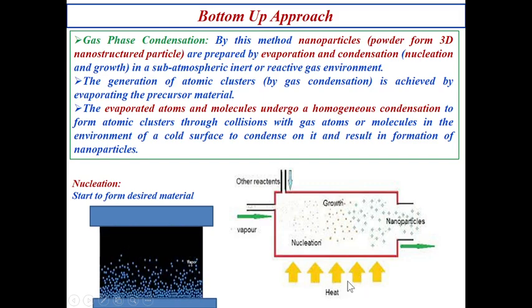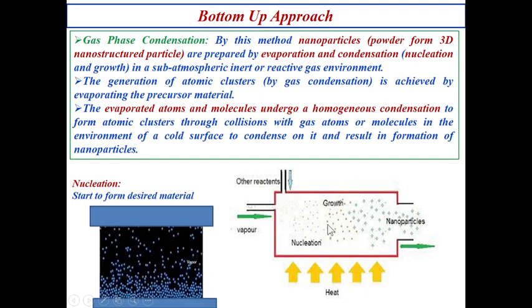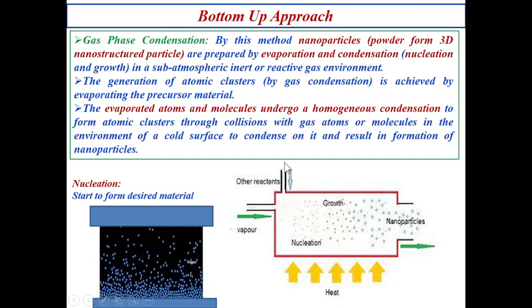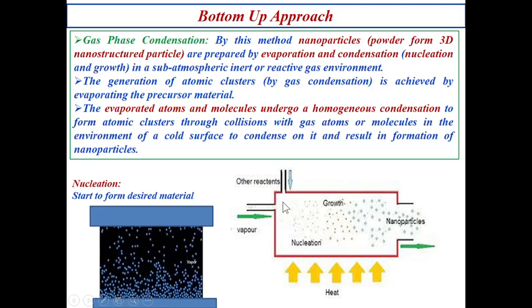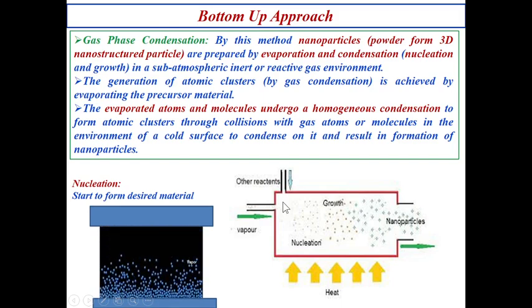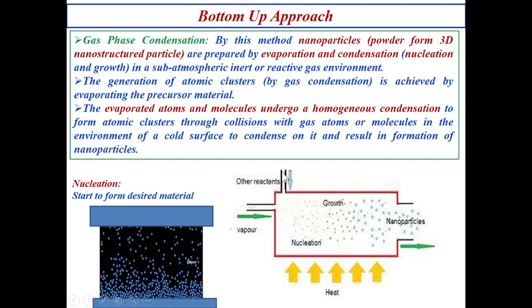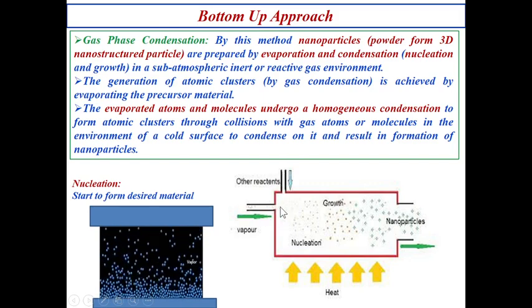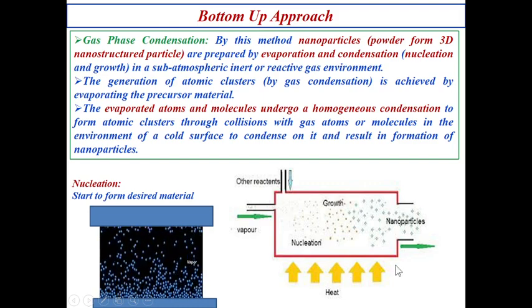That means heat is continuously given to this chamber. Just imagine, here I give vapor, and here I put some powder through this valve, and here heat has been given.